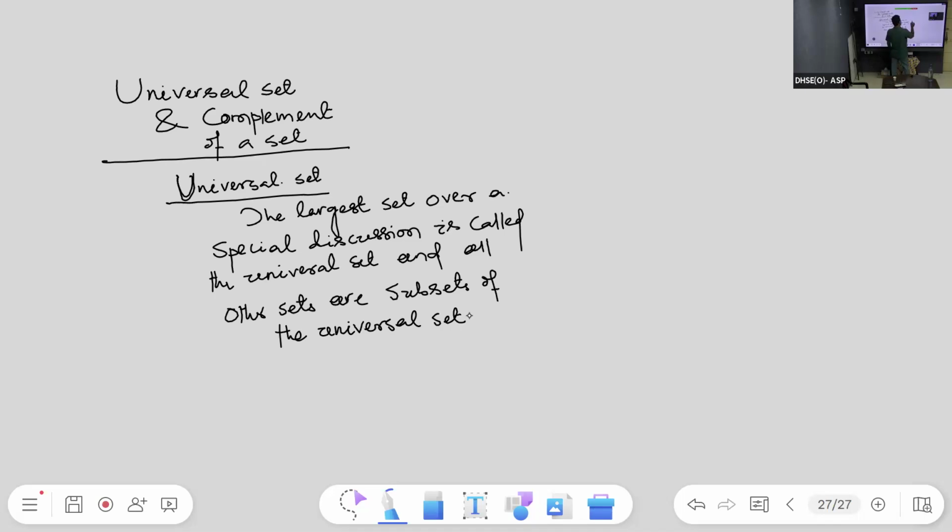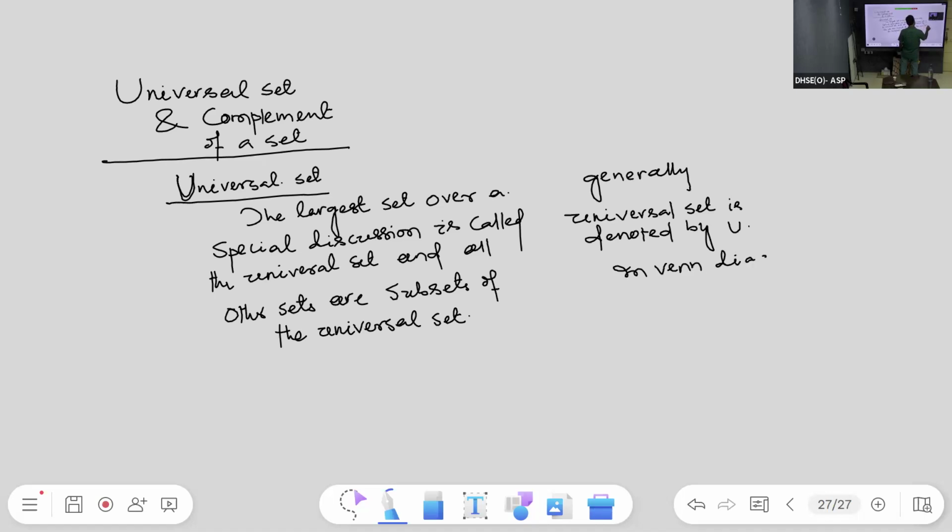Okay. Generally, universal set is denoted by U. And in Venn diagram, it is represented by a rectangular region like this.